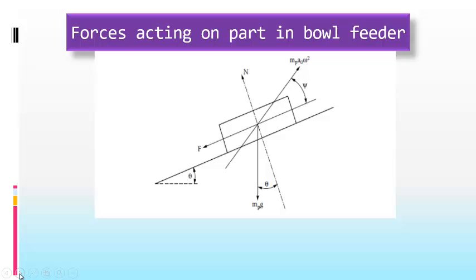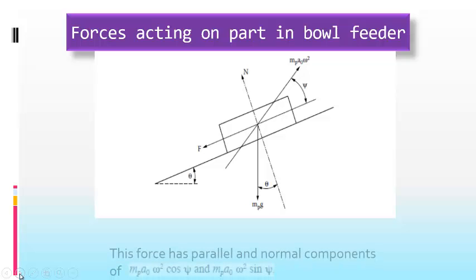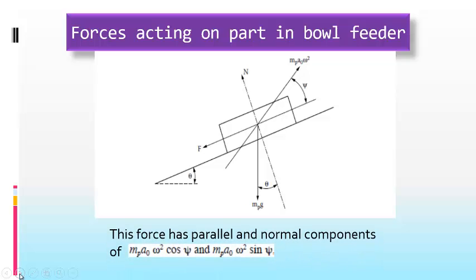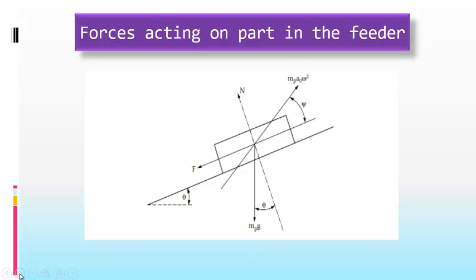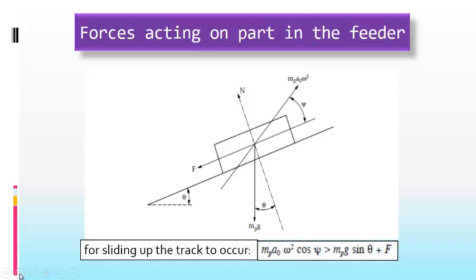I'm not going to go into that. This will just give you the idea of the mechanism. Here he gives you the equations of the forces acting on the part in the bowl feeder, and here it shows the same thing again.